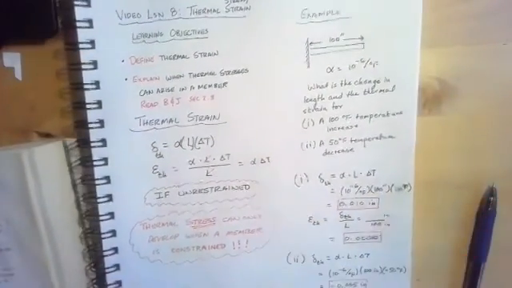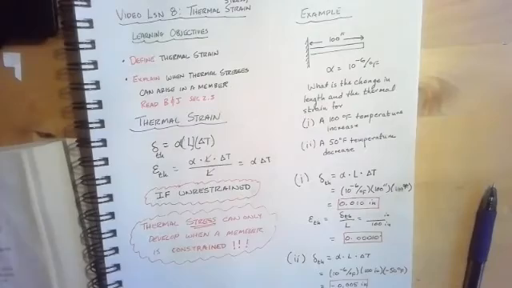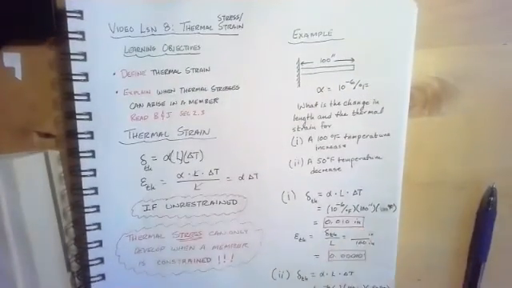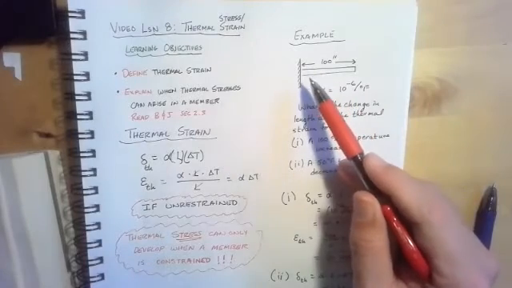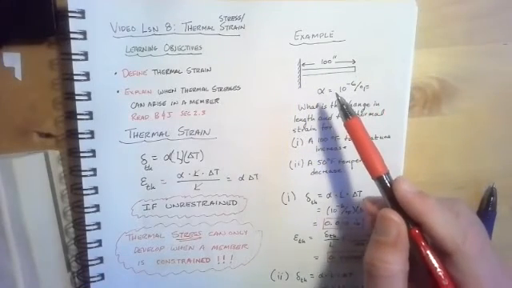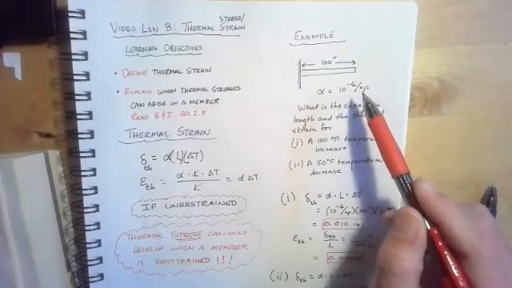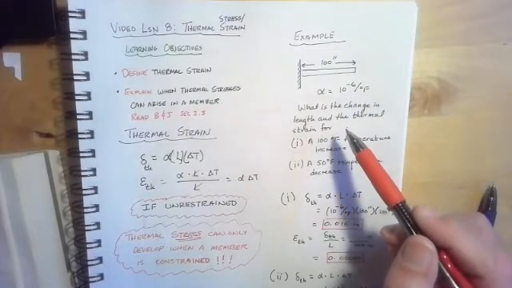So let's take a look at an example. I've got a bar that's 100 inches long, and I know that the coefficient of thermal expansion alpha is 10 to the negative sixth per degree Fahrenheit.